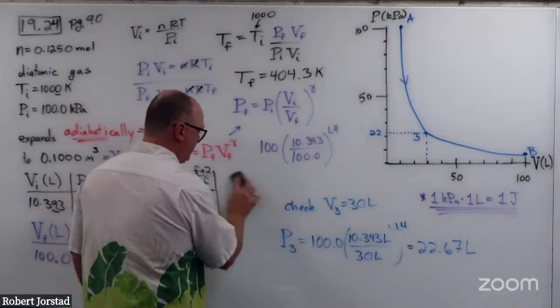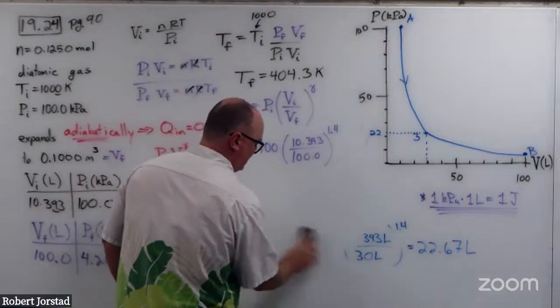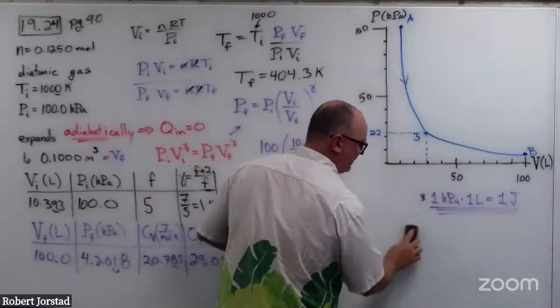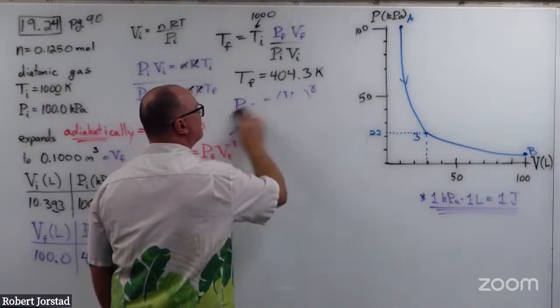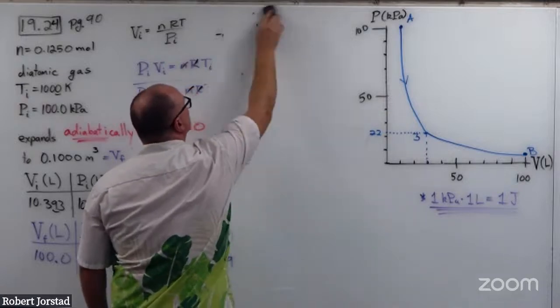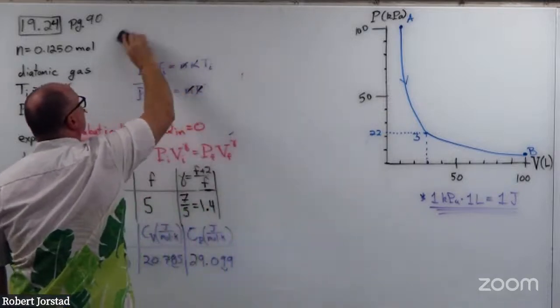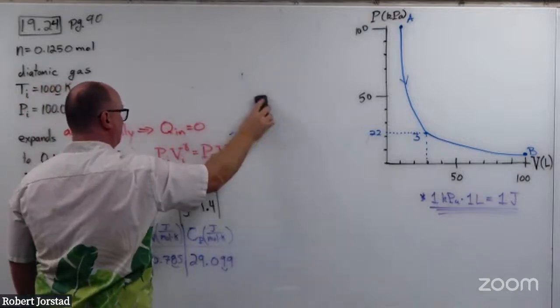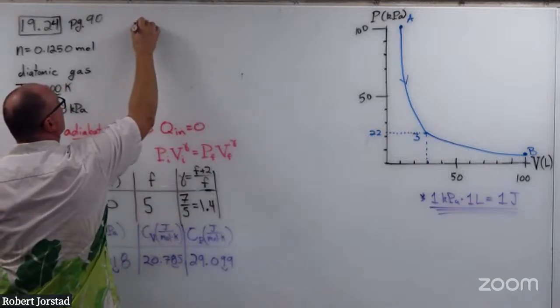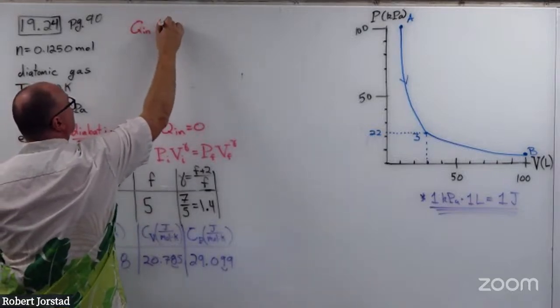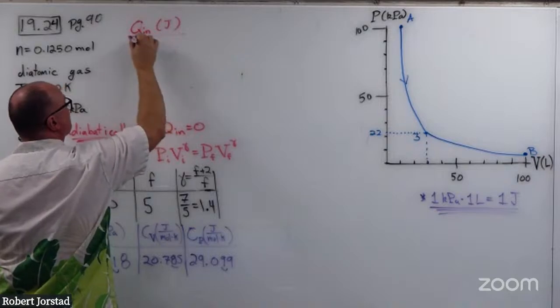So here we go. Notice how handy these units are. Kilopascals and liters giving joules. It's kind of handy. So what are we trying to figure out now? Q in joules for an adiabatic process is 0.